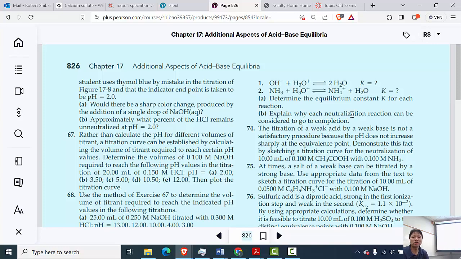And so what would the titration curve of this look like?